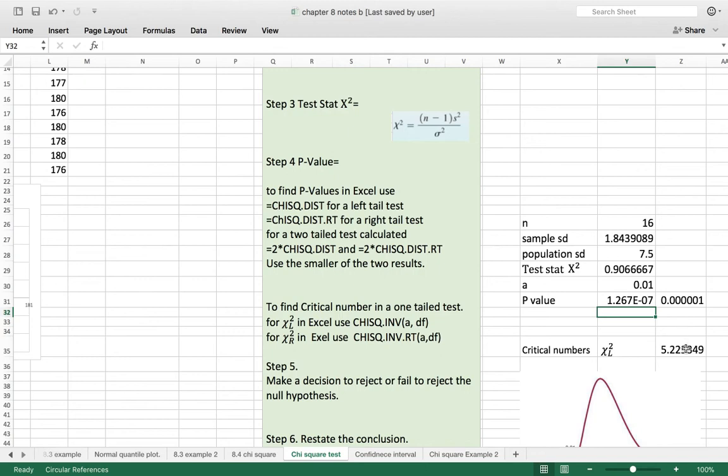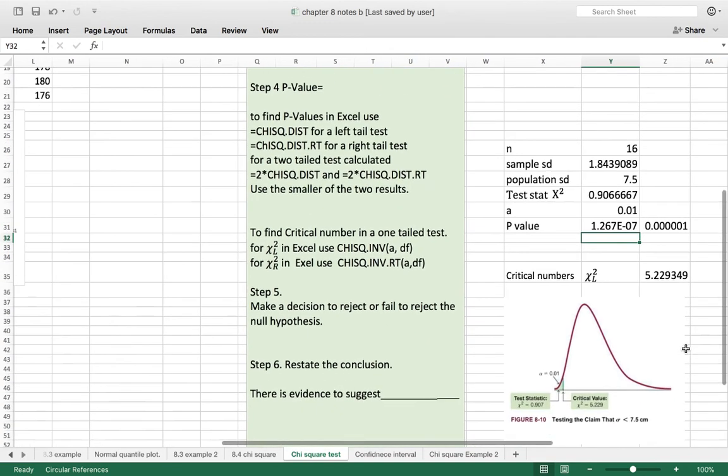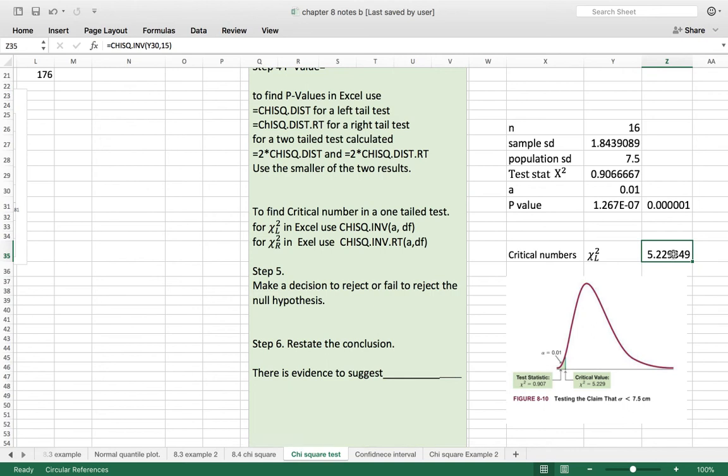I do want to show you that you can find critical numbers as well. And to find the critical number on a left-tailed test, you're going to use chi-squared inverse with our alpha level and our degrees of freedom. And that gives us a critical number of 5.229, which you can see is our critical number down here.